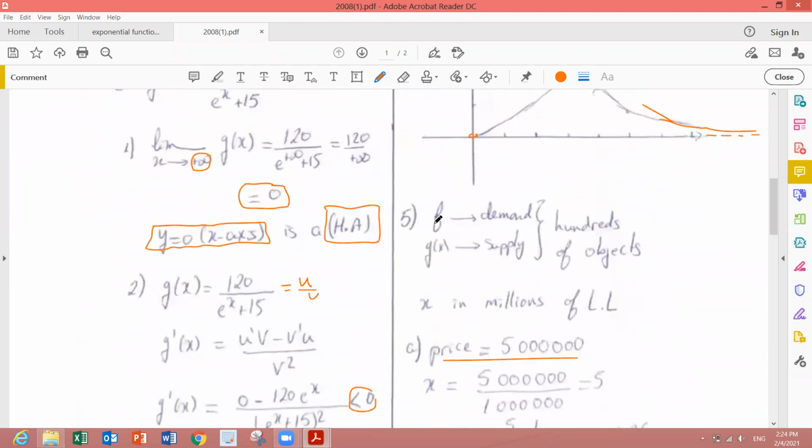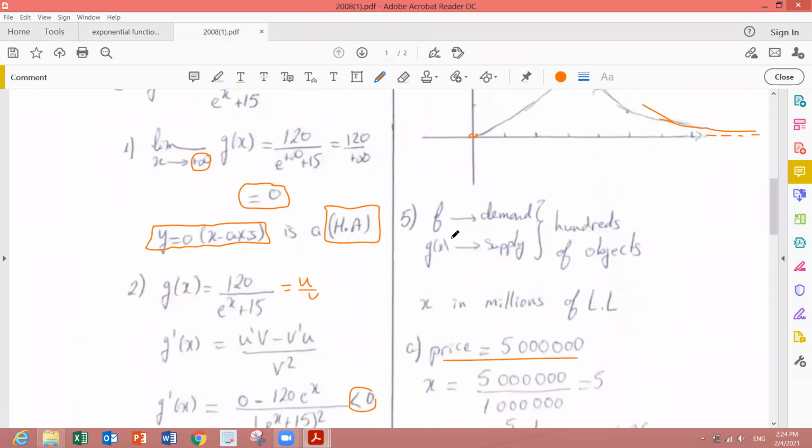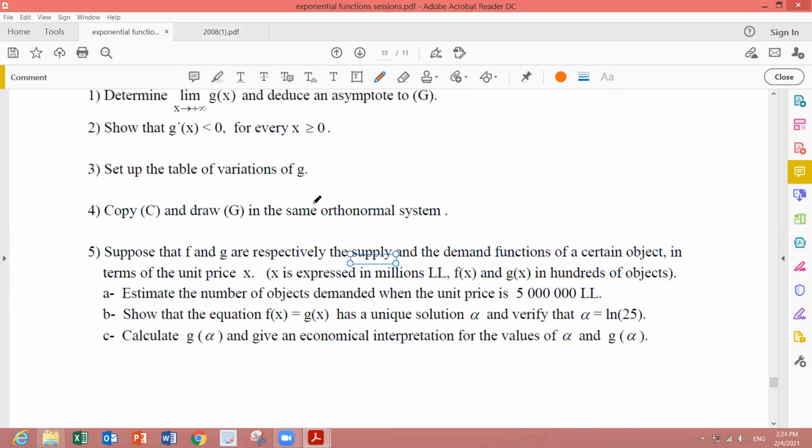Okay, so we have part 5. F and G represent the supply and the demand. F is supply and G is demand.